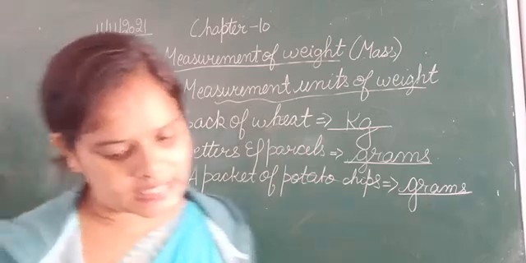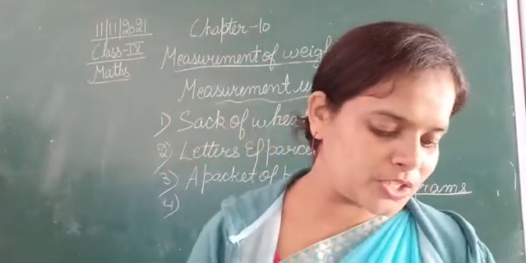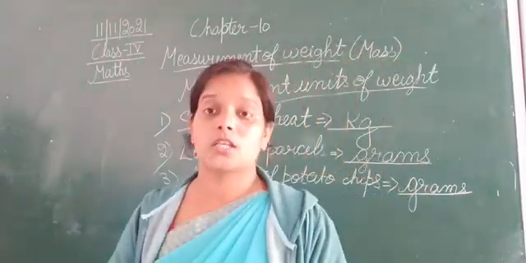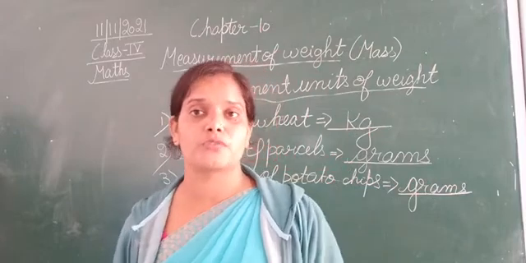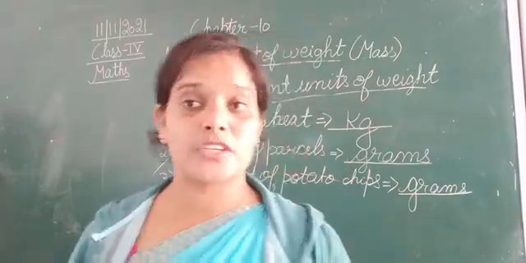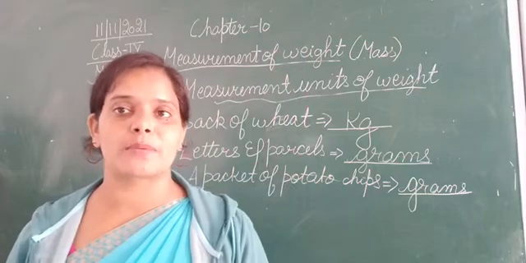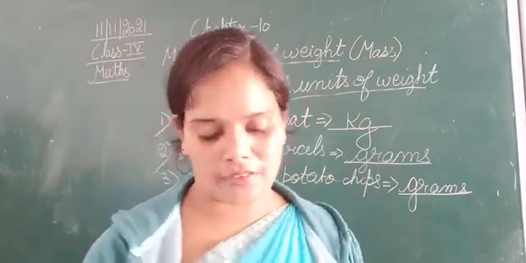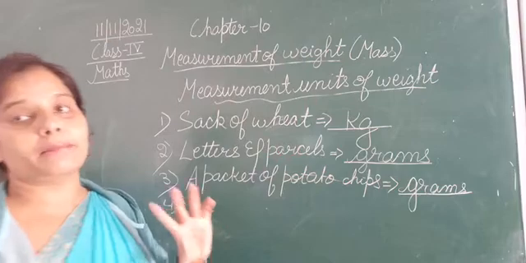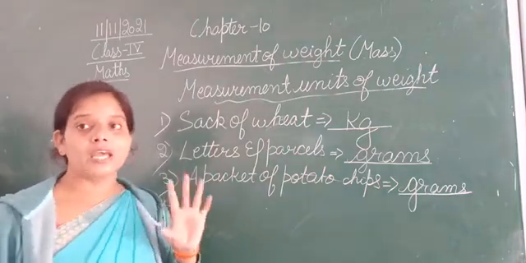So the fourth is, suppose you need to measure a person. If we need to measure the weight of a person, we measure it in kg or kilograms, because a person is quite heavy. That's why we always measure a heavy object in kilograms.